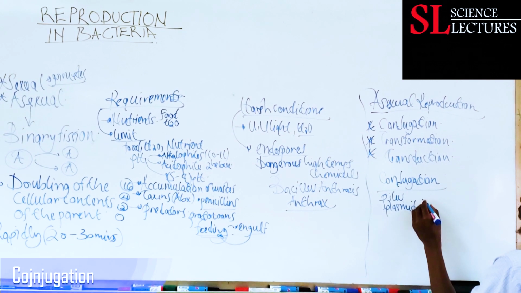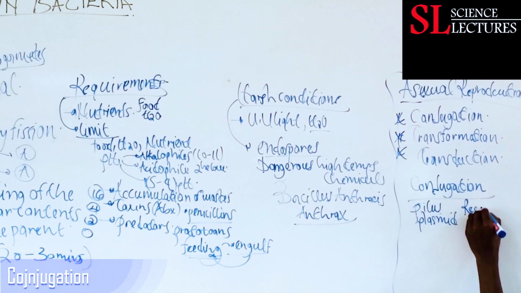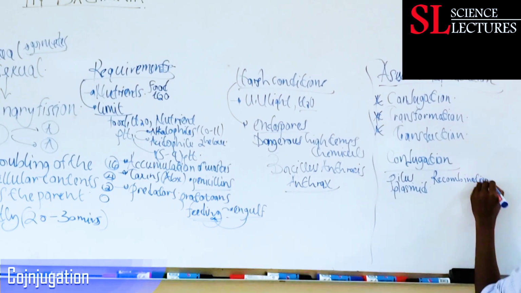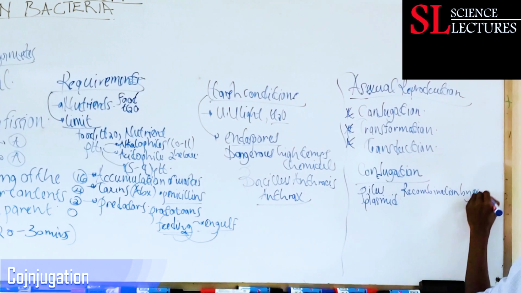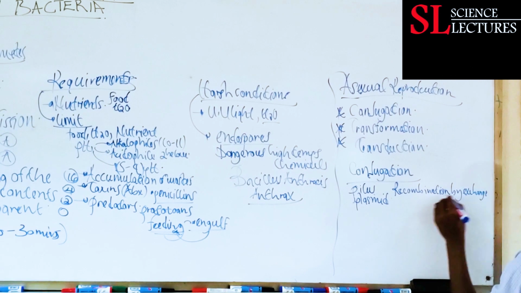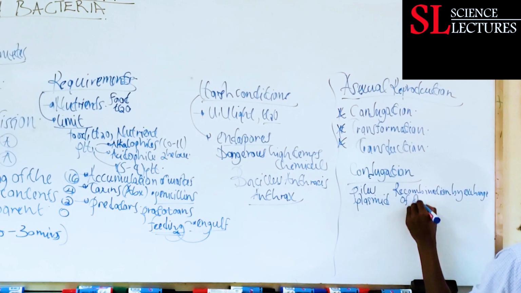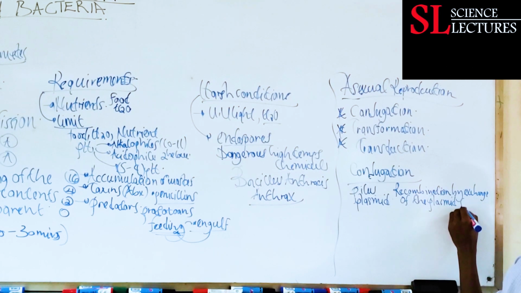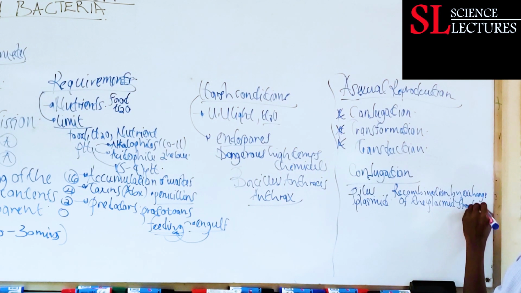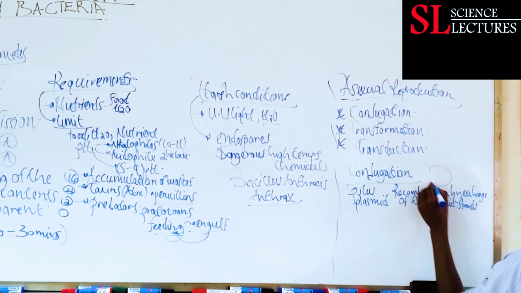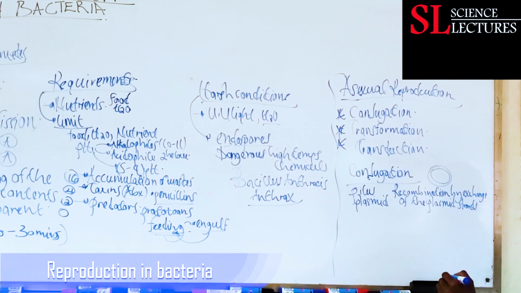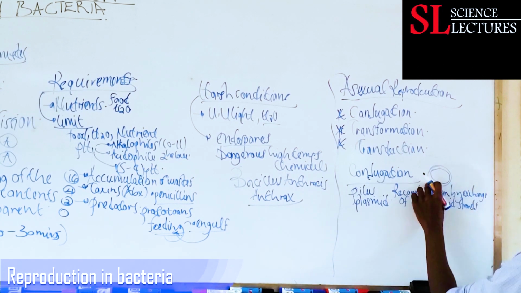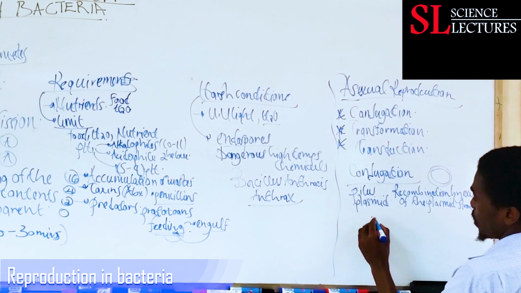In conjugation, we have recombination of DNA by exchange of plasmid strands. The plasmid has two strands, but one strand will be transferred from bacterial cell A to another cell.